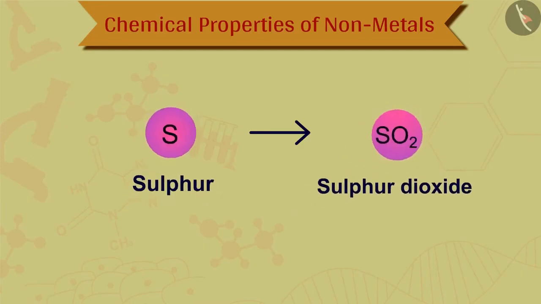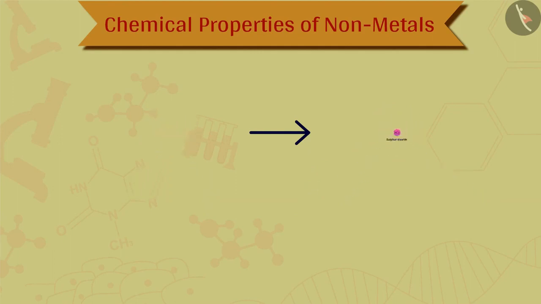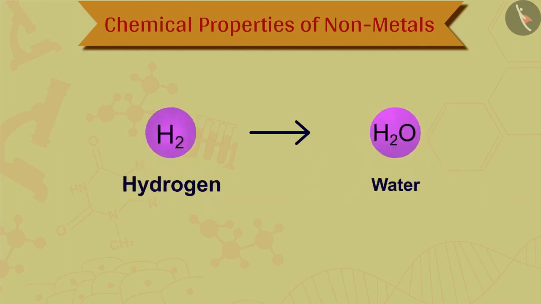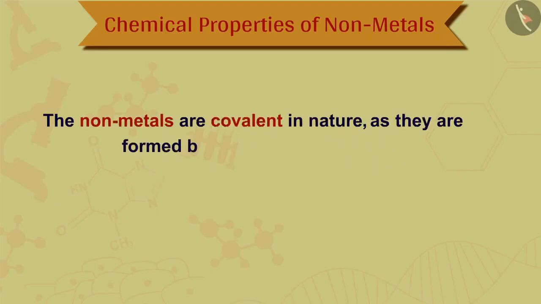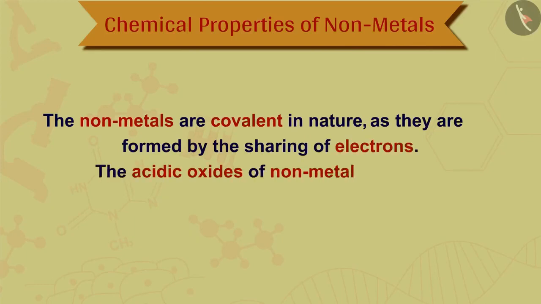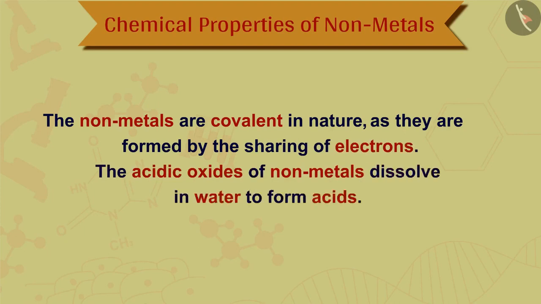Sulfur forms acidic oxide, sulfur dioxide. And hydrogen forms a neutral oxide, water, H2O. The nonmetals are covalent in nature, as they are formed by the sharing of electrons. The acidic oxides of nonmetals dissolve in water to form acids.